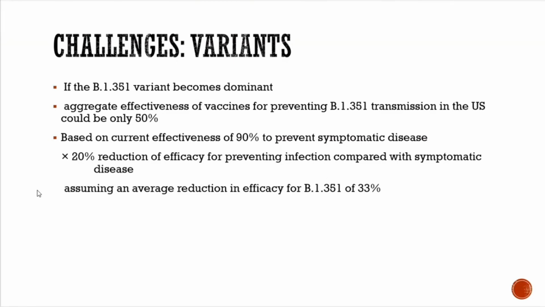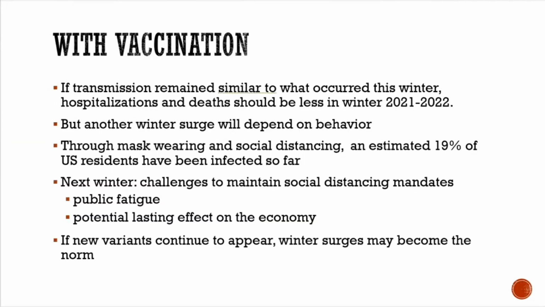So based on current effectiveness of 90 to 95% that we have to prevent symptomatic disease, multiplied by 20% reduction in efficacy for preventing infection compared to symptomatic disease, and assuming an average reduction in efficacy for this new variant of 33%, right? So that decreases to 50%. That's pretty impressive, right? A lot of numbers, but kind of stay with me. There's going to be a point to this.